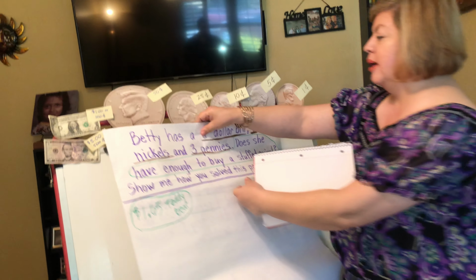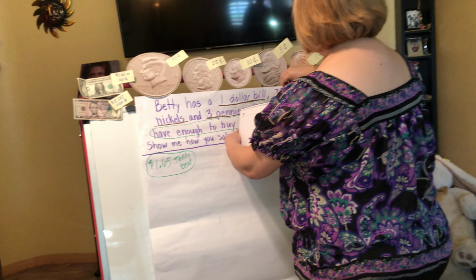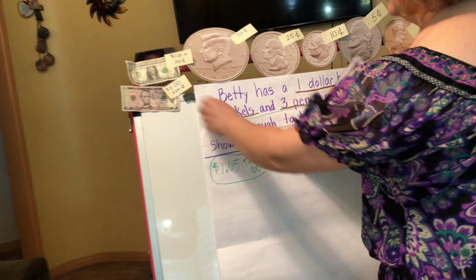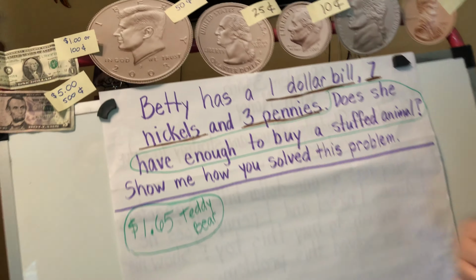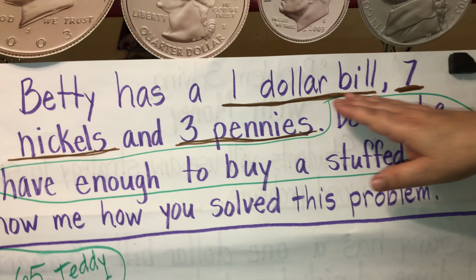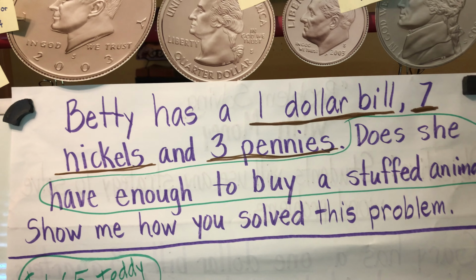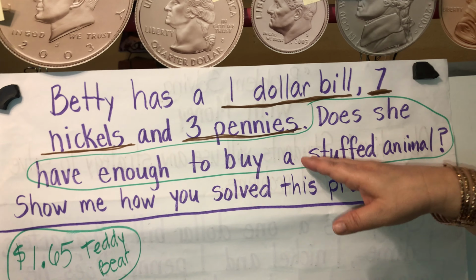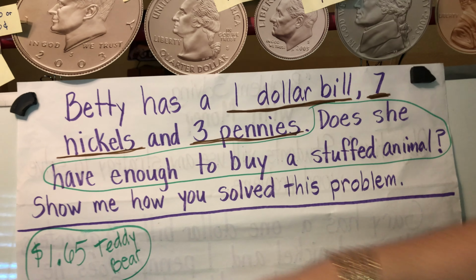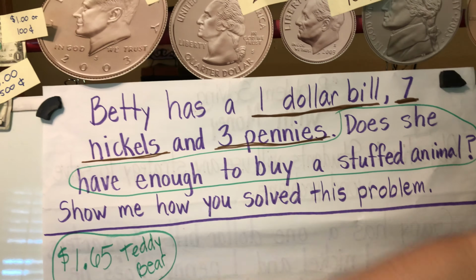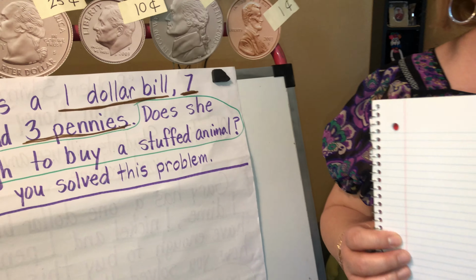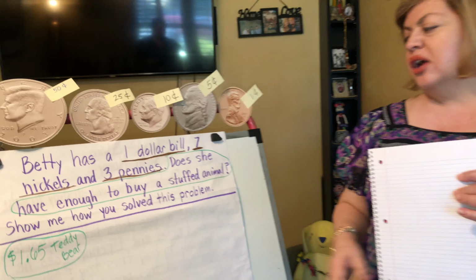And the problem that you are solving is this one. Betty has a $1 bill, 7 nickels, and 3 pennies. Does she have enough to buy a stuffed animal? Our teddy bear costs $1.65.